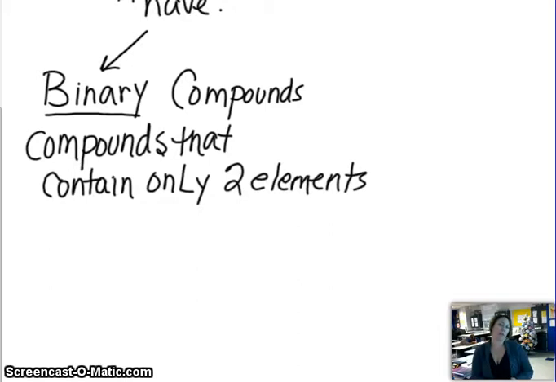How would you know if you had a binary compound versus a non-binary compound? Obviously, non-binary compounds contain more than two elements. That's really the difference between them. But how can you tell by looking at their formula if they're binary or not? The way you can tell you have only two elements is because you will have only two capital letters in the formula.